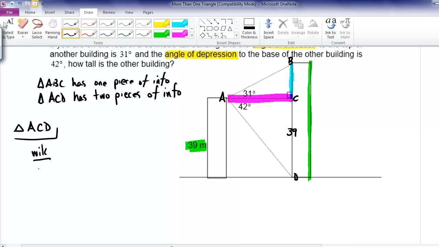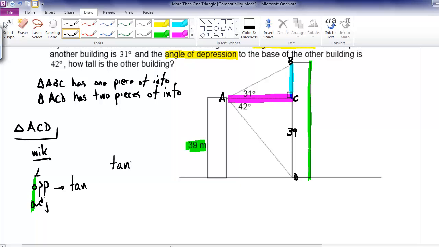Say, what do I know? Well, I know the angle. And I know CD is 39 meters, and that side is opposite our angle that we know, 42 degrees, and I want to know that highlighted line, and that's the adjacent side, and that tells me, hey, SOHCAHTOA. We got the T and we got the O and the A. So let's go ahead and use our tangent ratio.